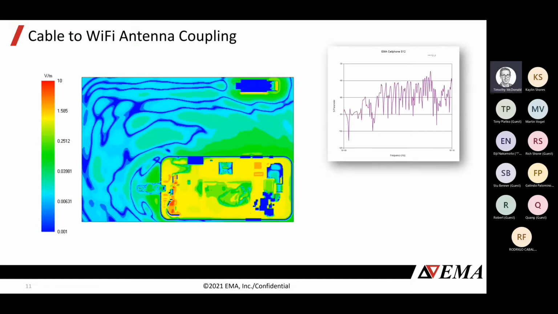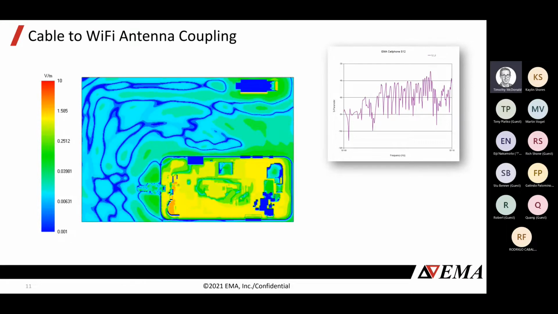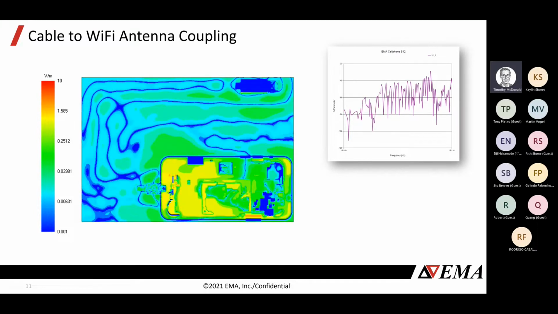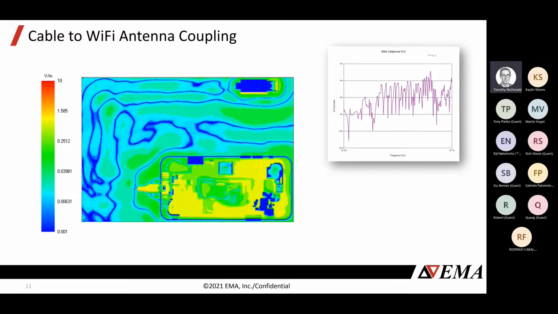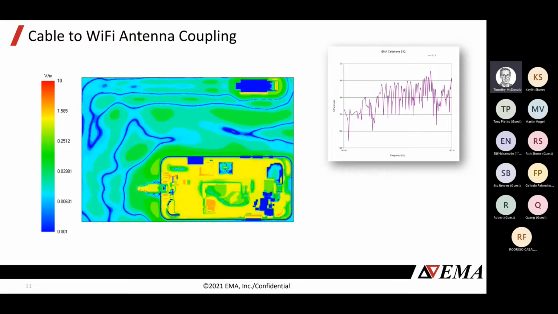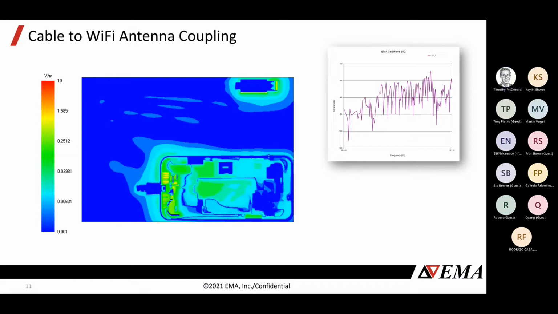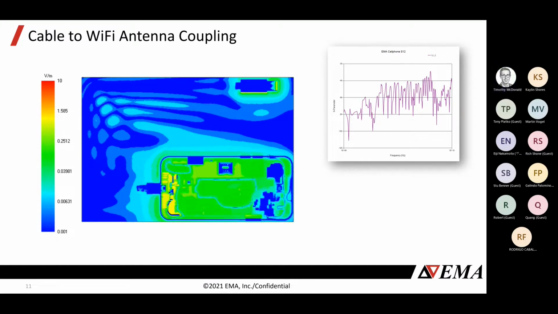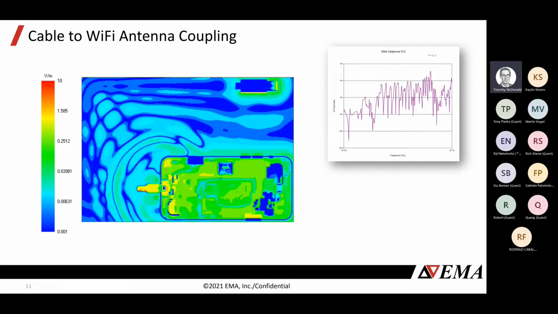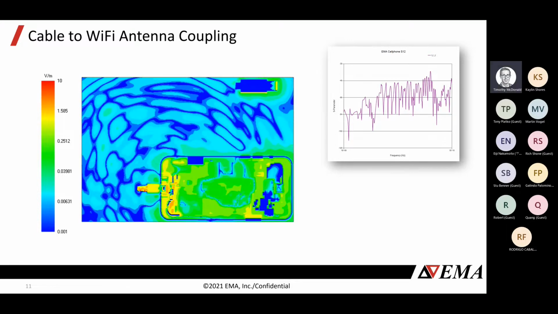And then in the plot on the right, we can see the S parameter matrix with the units of dB. So we can see at a peak, we're approximately about minus 35 dB coupling from the antenna to the cable.